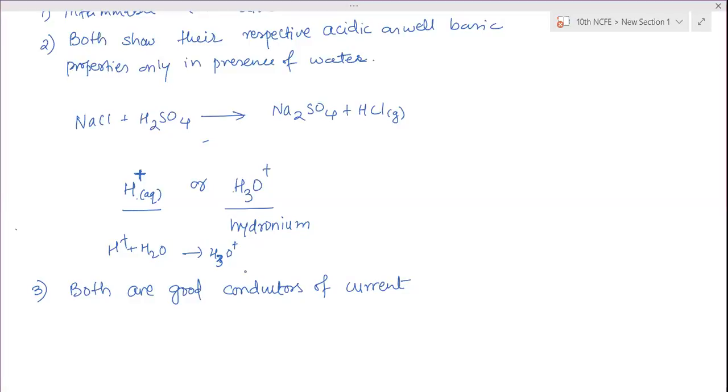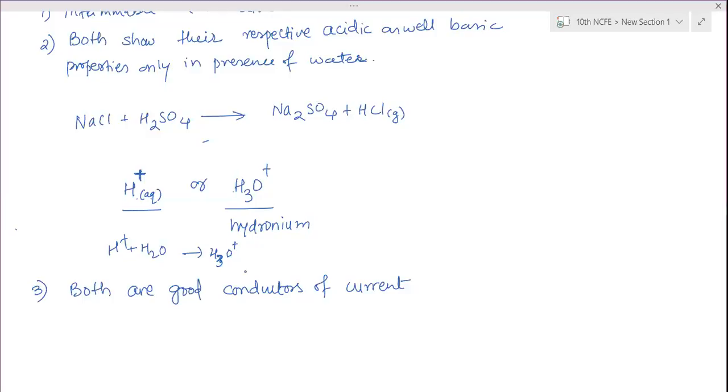You're right. Who is responsible for conduction of current? Free electrons in solid state, but in aqueous or molten state, free ions are required. So free ions are responsible for conduction of current in molten or aqueous state. When acids and bases dissociate in aqueous solutions to form ions, due to the presence of free ions, both of them conduct current.